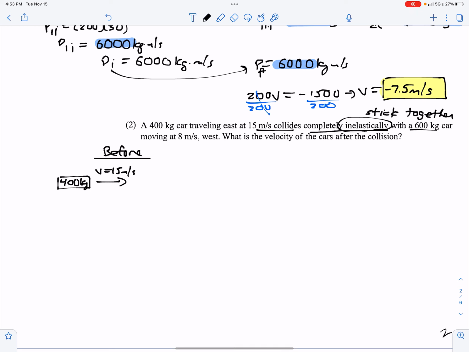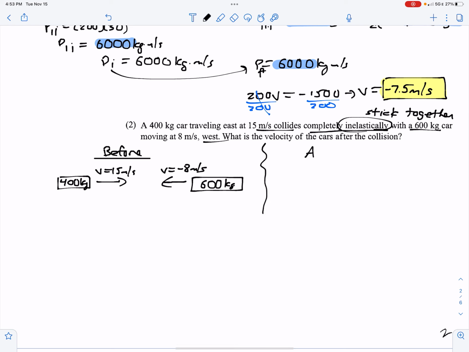So the 600 kilogram car, it's a bigger car, is moving west at 8. Now, if it's moving west, I have to make that negative 8 because this one is already positive. Okay, that's before.